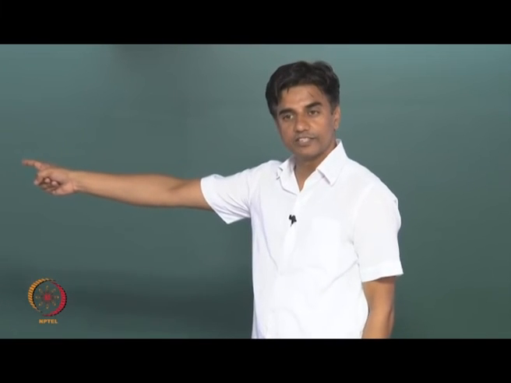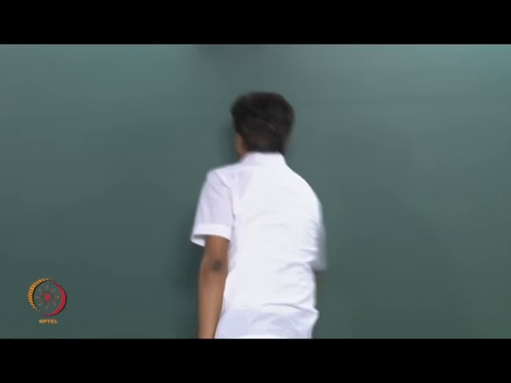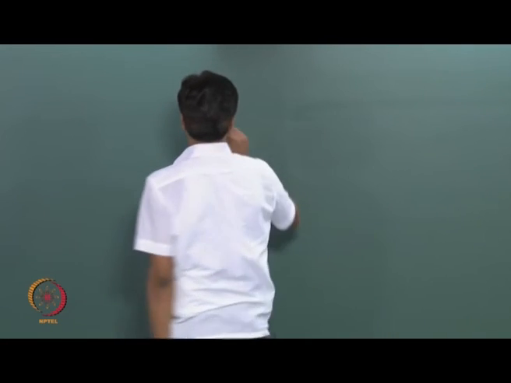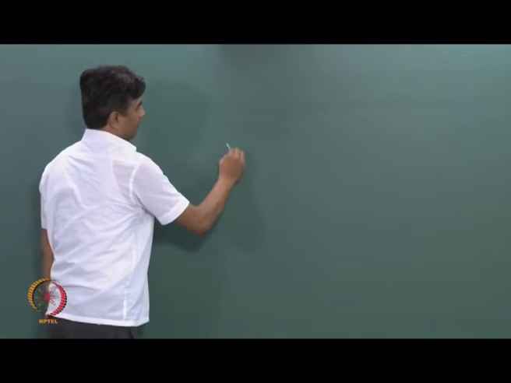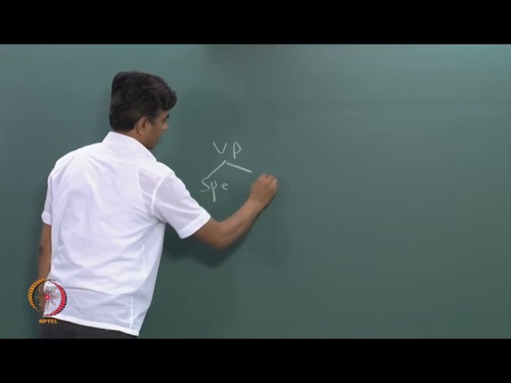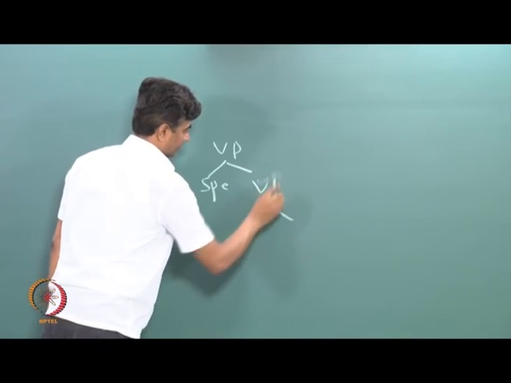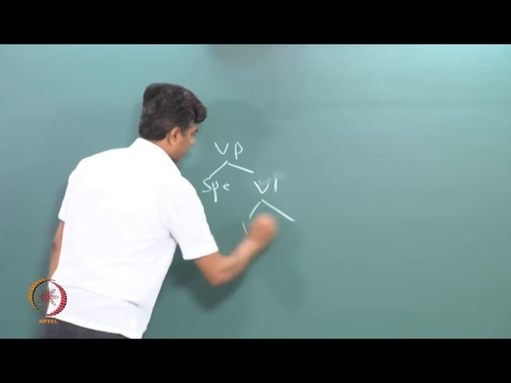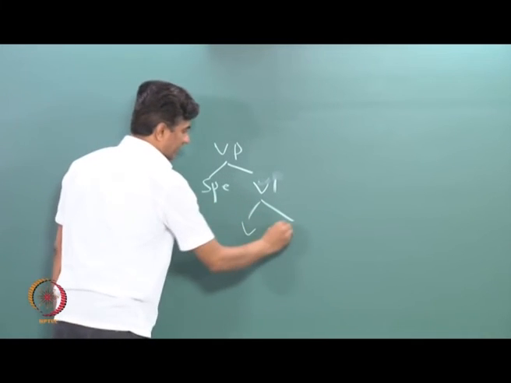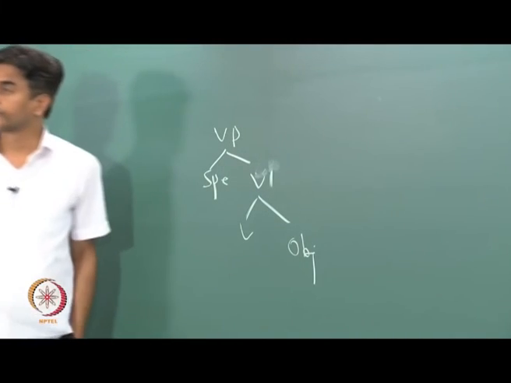Can you see this from this structure? If we have a VP, V bar. If you have the subject here and object here, right?